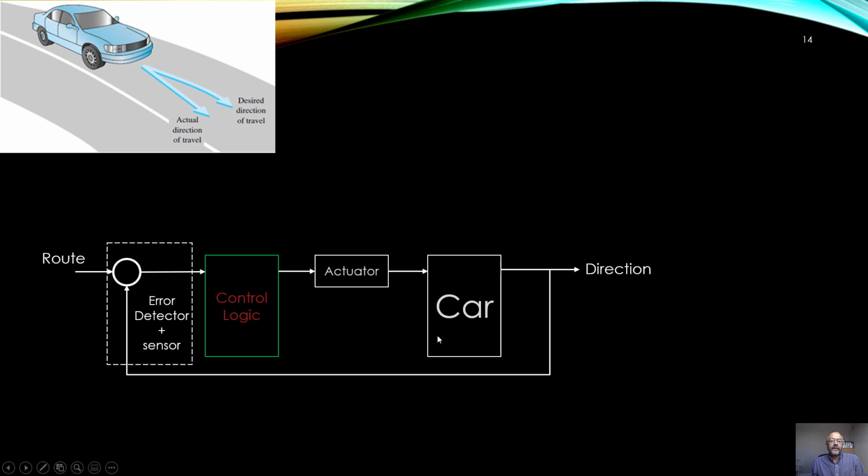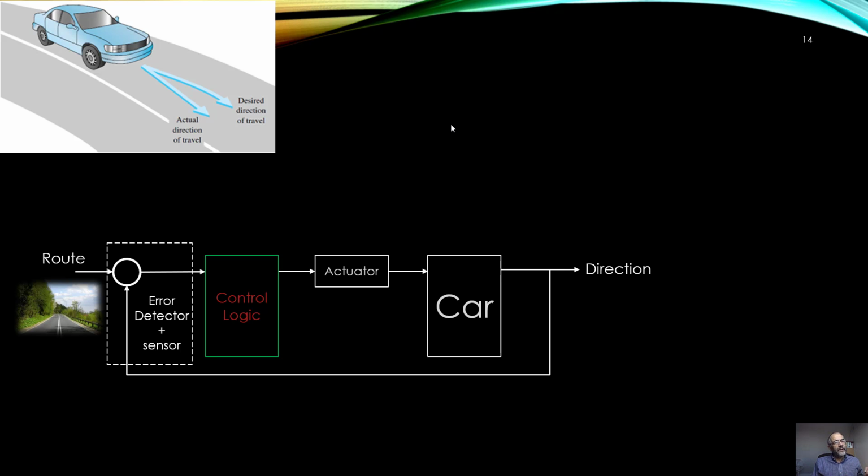Again, an example of a car, because most of you know what a car is, of course, and how it is controlled. In this case, the goal is to keep the car in the middle of the road. So we have these two lines, the line in the middle and the line on the side, and you want to keep your car in between those lines, which is actually a feedback control system, because you and your car together form that system.